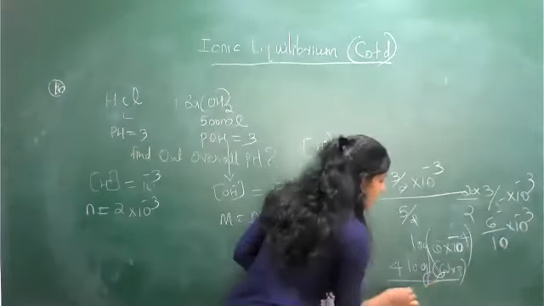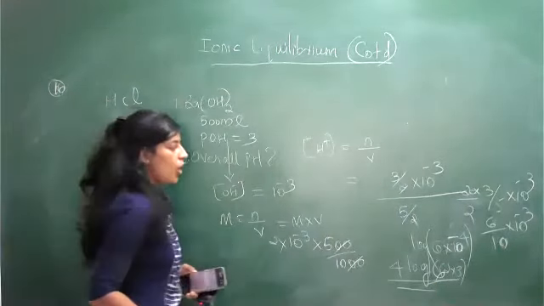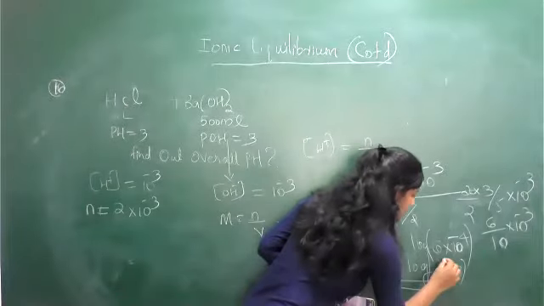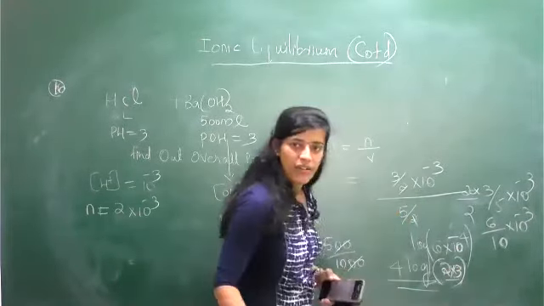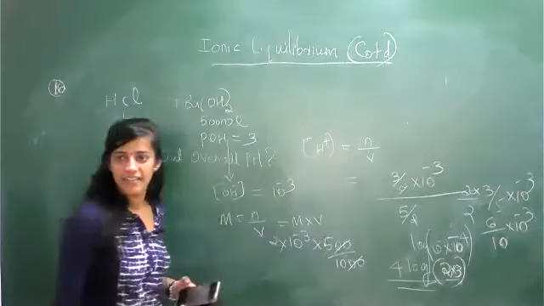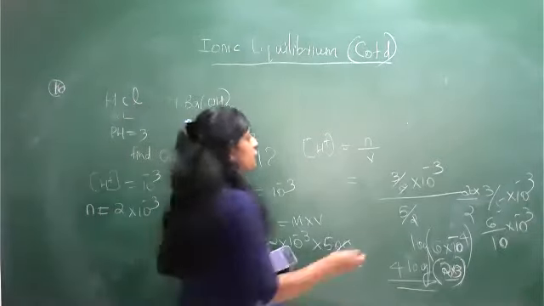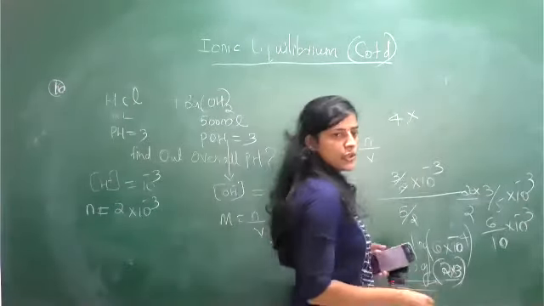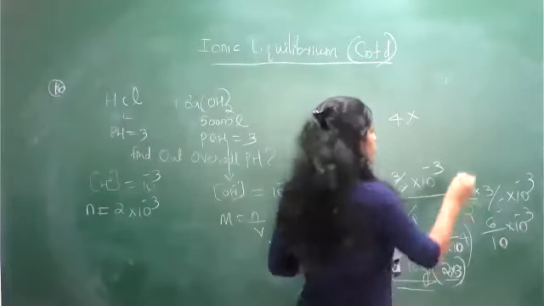Anyway, this is the final format of the answer: 4 into log 2 into 3. If you know the log 2 value and log 3 value, multiply and you will get the result. Answer you want to check? 4 into log 2, 0.3.